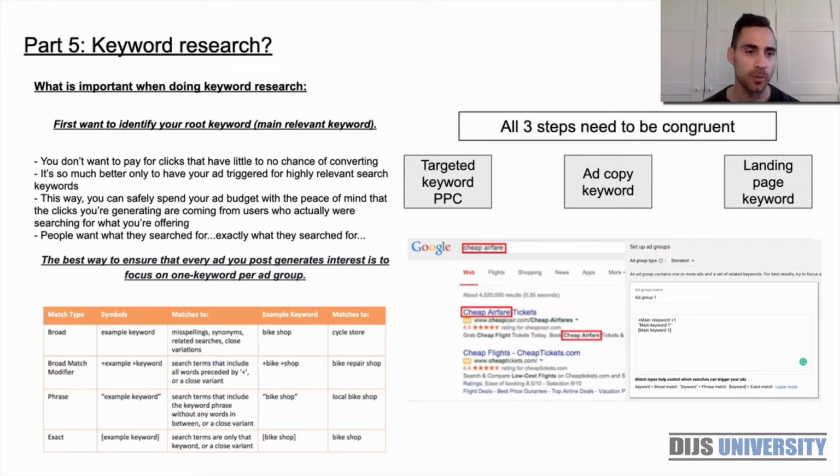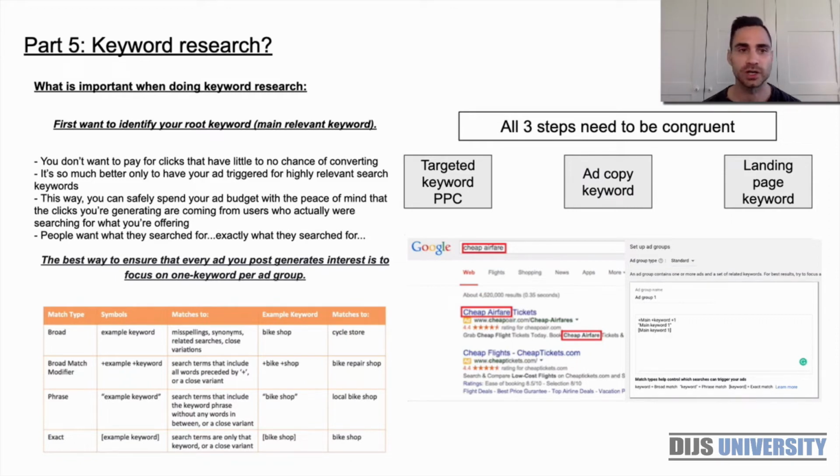And broad match modifier is a search term that includes all words preceded by a plus, or a close variation. So with bike shop, both words need to be inside the match. For example, bike repair shop: bike and shop are both inside the match.